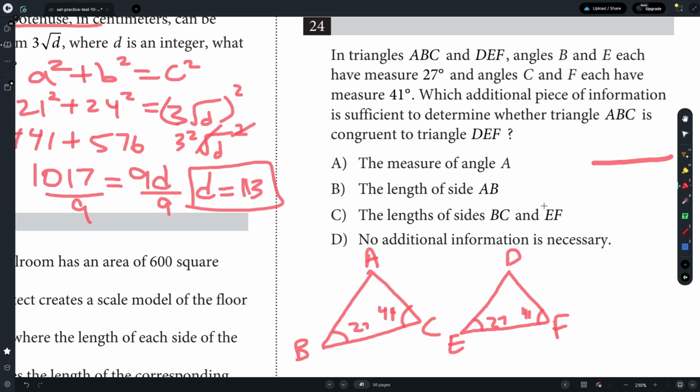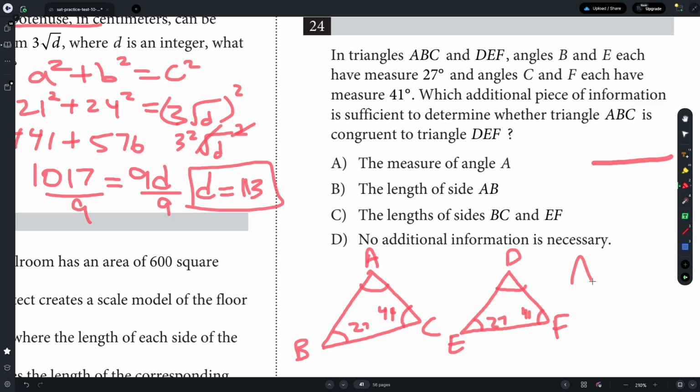Right. And what additional piece would determine whether ABC is congruent to DEF? What do you need to make it congruent? So let's go over choice A, the measure of angle A. If we know the measure of angle A, we know that D is the same angle as A, so they have the same angle.